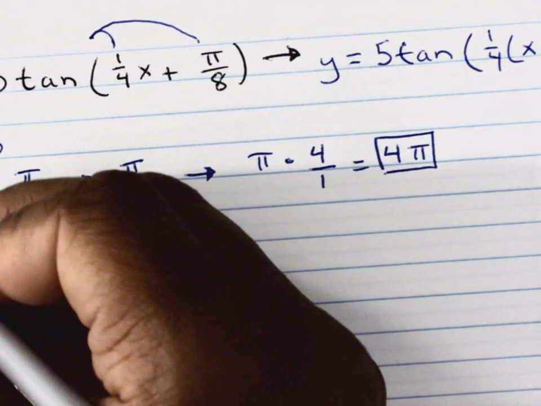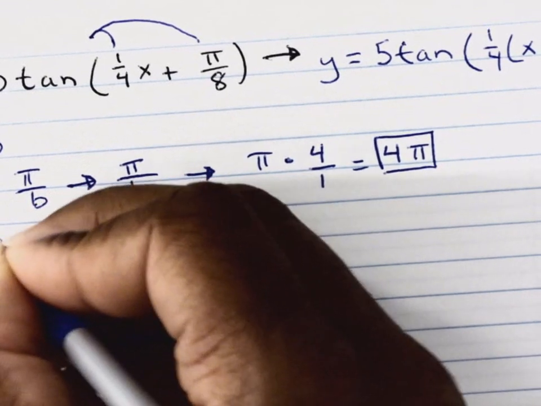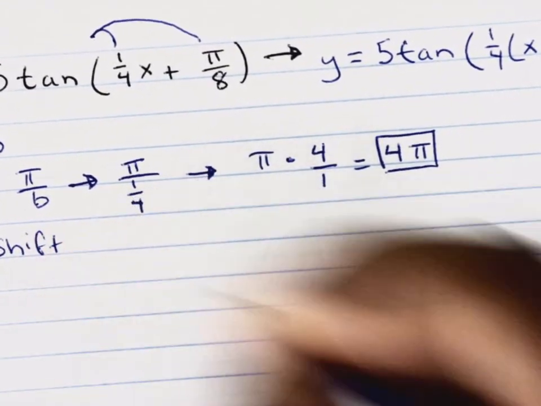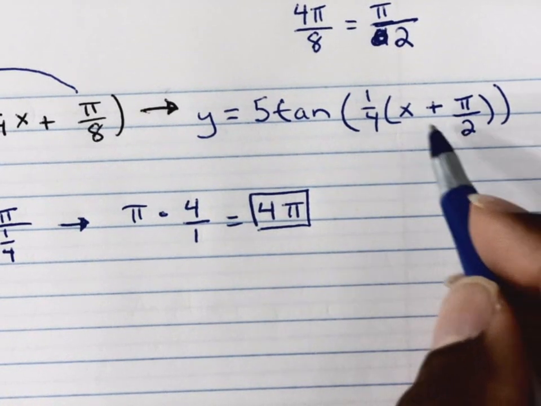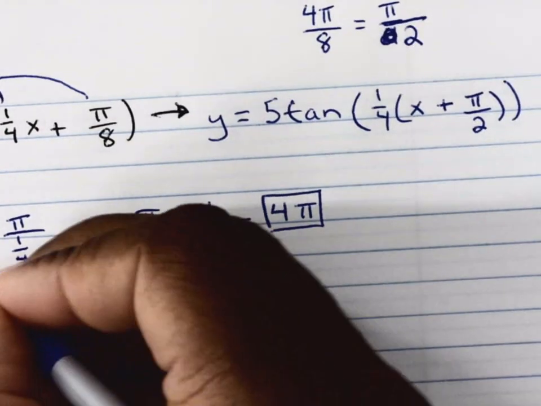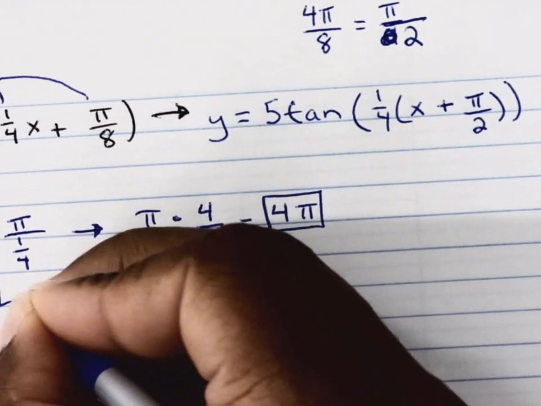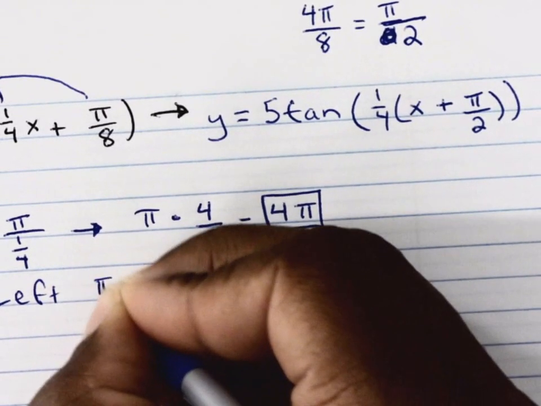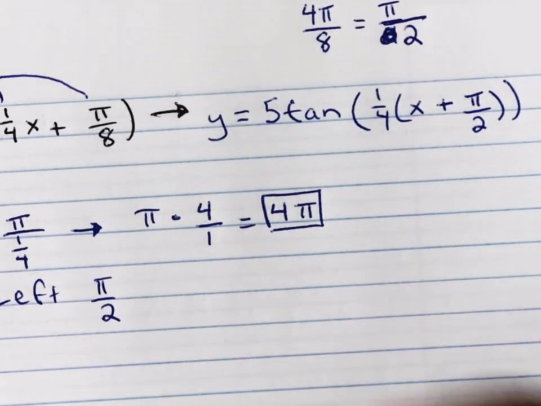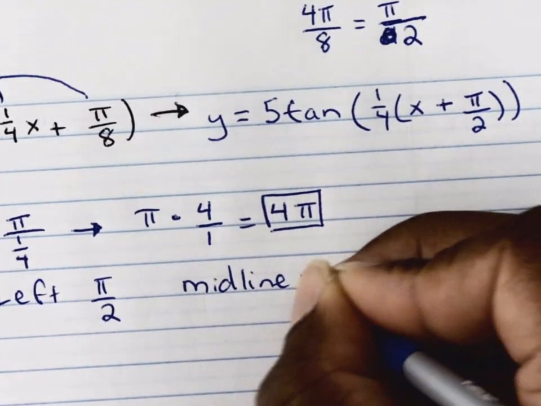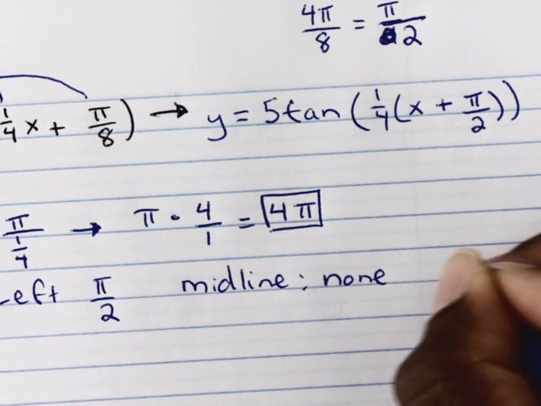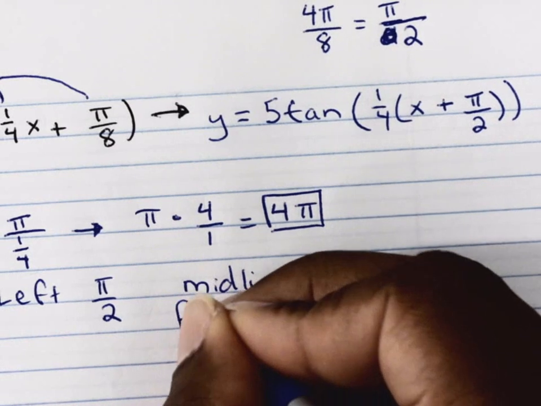And then my phase shift, now that I factored out b, is pi over 2. And since it's plus, I'll do the opposite and go left pi over 2. And then midline, none. And then flipped is also none.